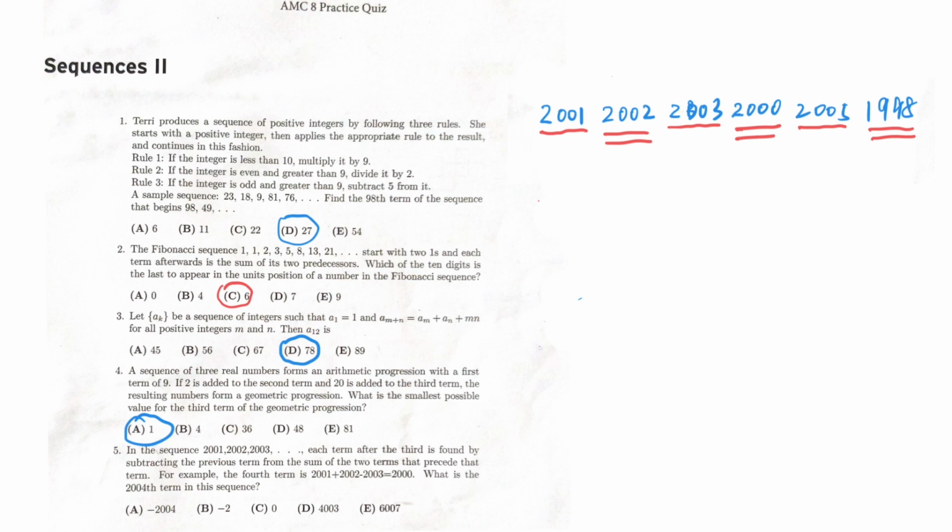We use the general term an equals a1 plus n minus 1 times common difference.